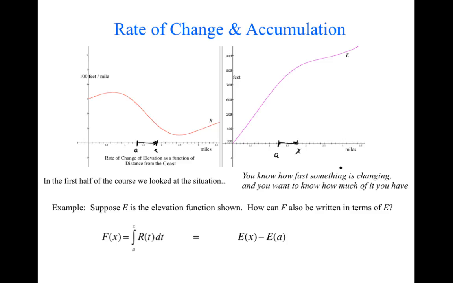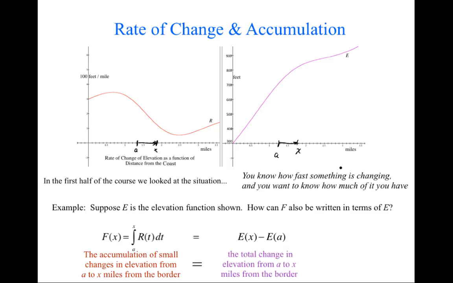Does everyone see that? Okay, so we've got two ways of writing the same thing. The accumulation of small changes in elevation, starting at a miles to x miles from the border, is the same as the total change in elevation from a to x miles from the border.